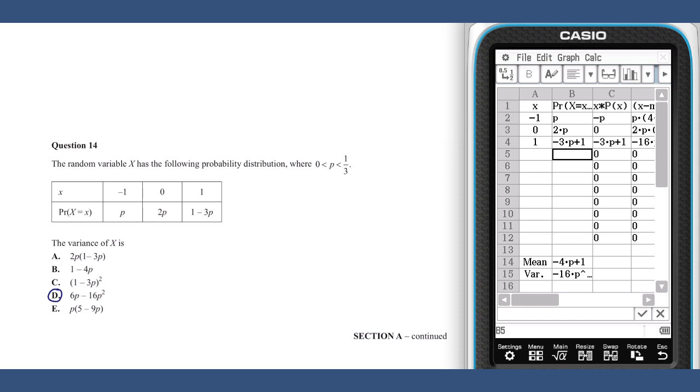My spreadsheet computes the mean and variance. We can see the mean, the value that we saw previously, minus 4p plus 1, and the variance displayed in full as minus 16p squared plus 6p, the answer we arrived at earlier.